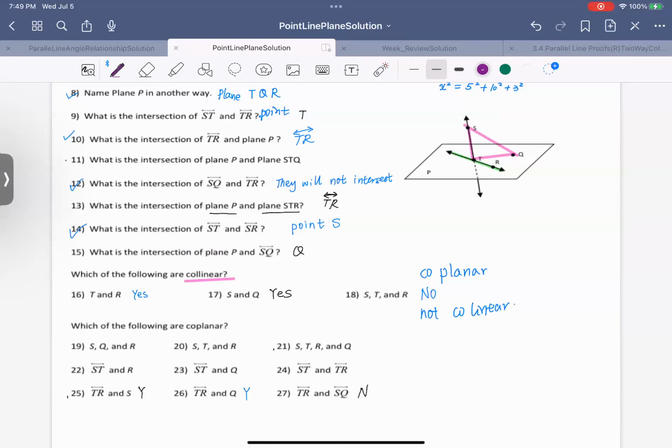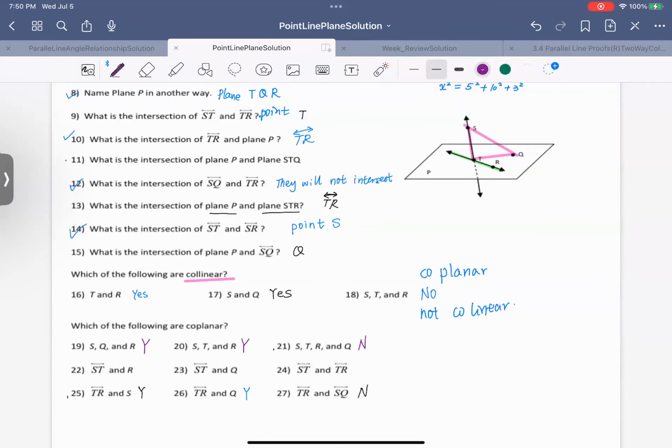So for SQR, yes. For STR is yes. But for STRQ, this is a triangle, it's the same plane, but the Q is outside. So this is not coplanar. Okay?